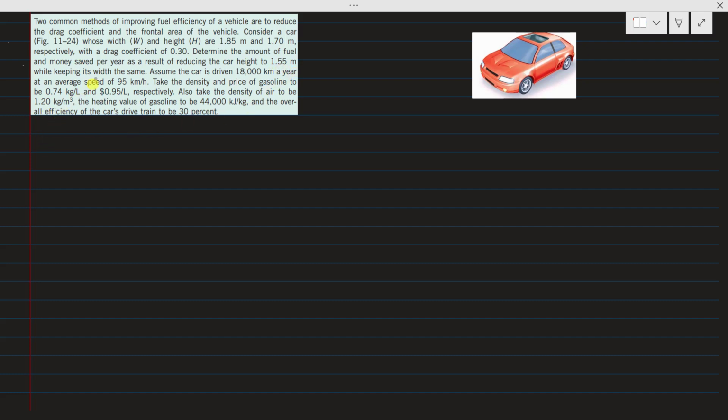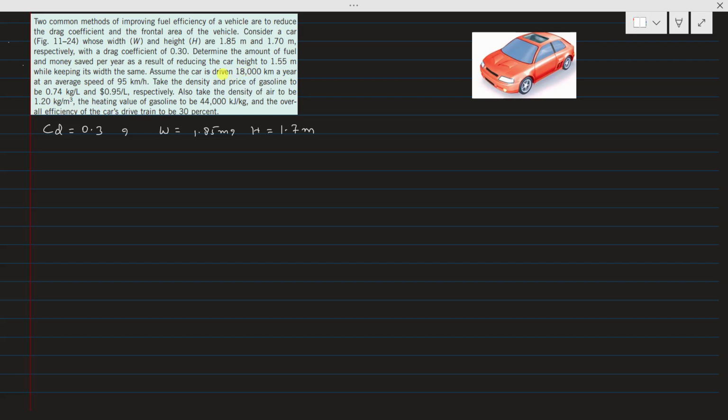So let's begin. The drag coefficient is CD, and it is 0.3. The width is 1.85, and the height of the vehicle, when it is not reduced, is 1.7 meters. It is also in meters. The drag coefficient has already been written.